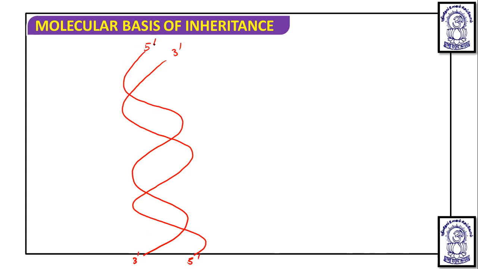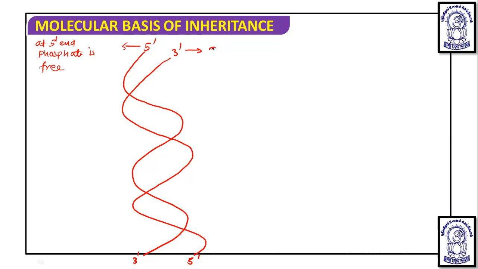Okay. Why is it named 5 dash? Because at the 5 dash end the phosphate is free on the sugar. It means the fifth carbon of the ribose sugar at which the phosphate is free. It is not linked to the next nucleotide.